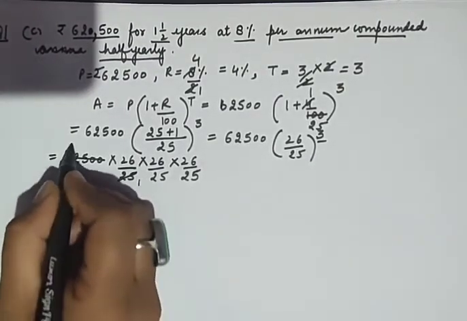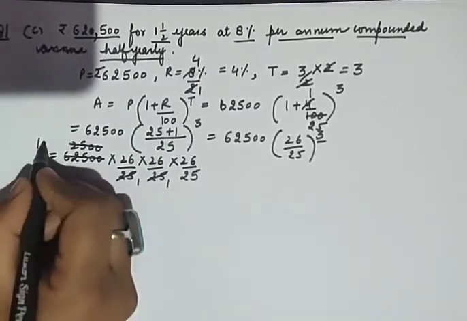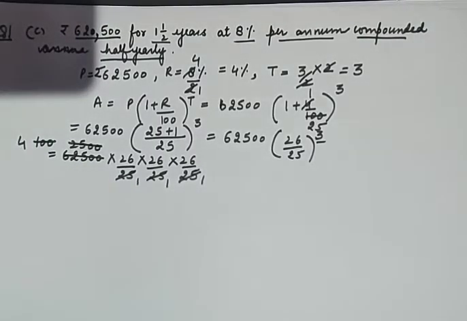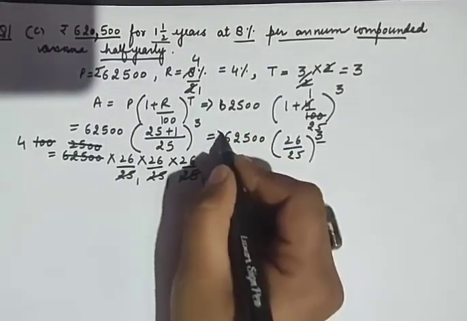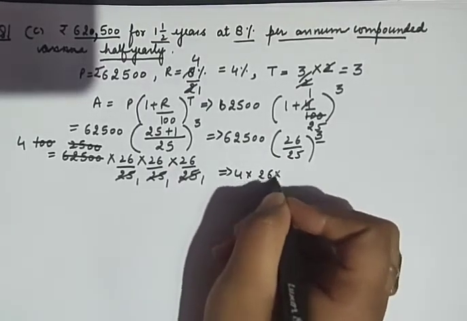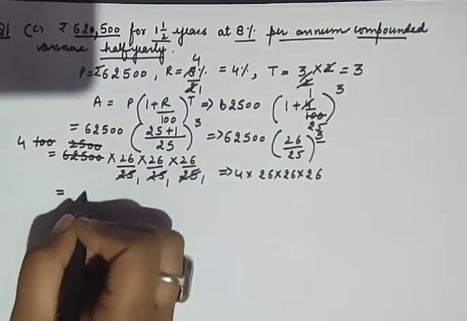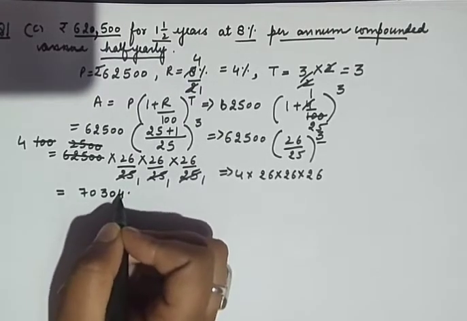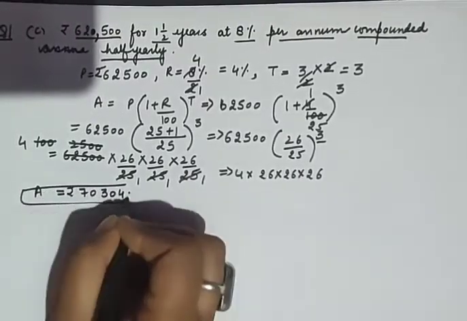You know that 25 square is 625, so it will be 2500. 25 ones are 25, so it will be 100 again, and it is 1 and 4 here. So how much will I be getting? I will be getting 4 into 26 into 26 into 26. So how much at last will I be getting? On multiplication I will be getting 70304. Sorry, 70304, right? So the amount that is coming is 70304.